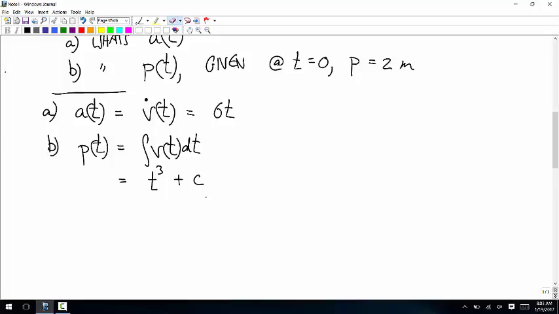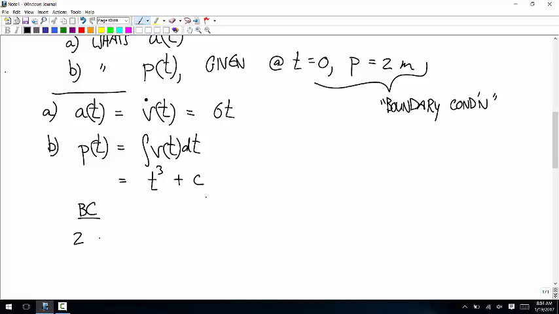Have you done this kind of stuff before in calculus? Yeah, okay. So to use that, this is called the boundary condition. When t is equal to 0, position is equal to 2.